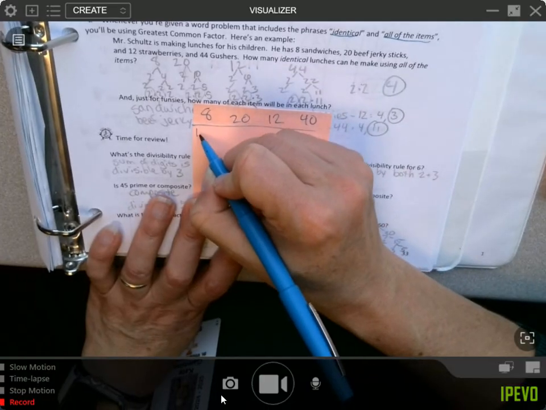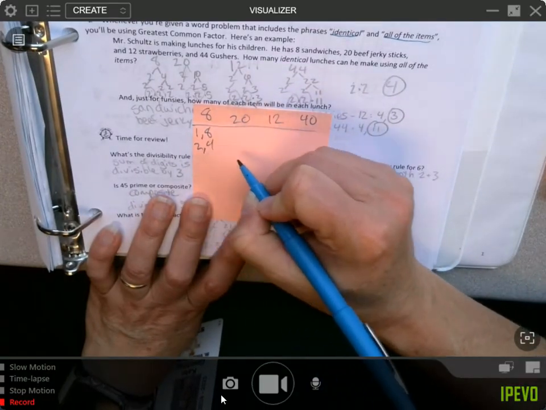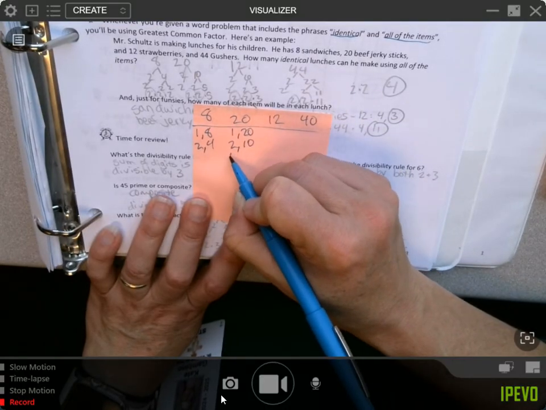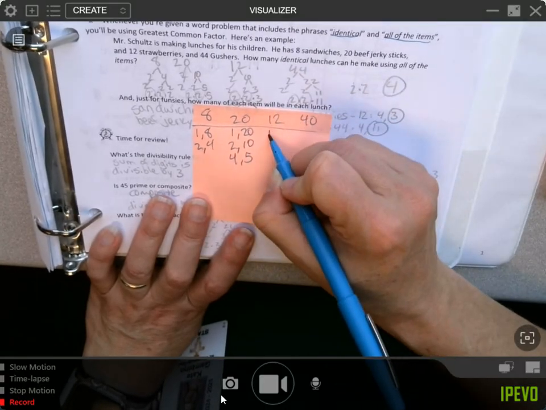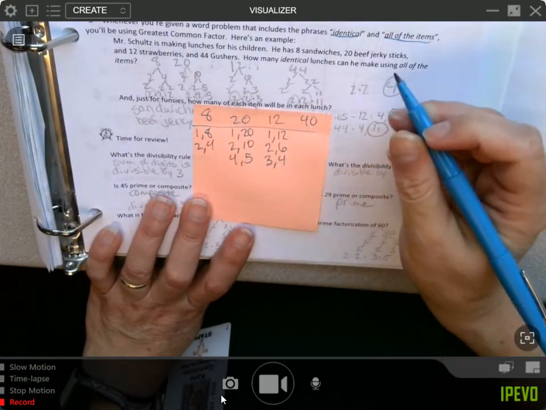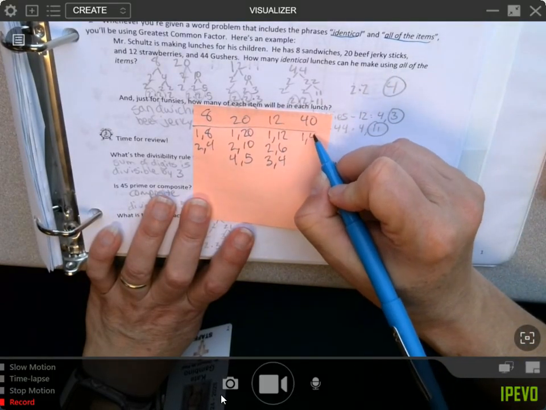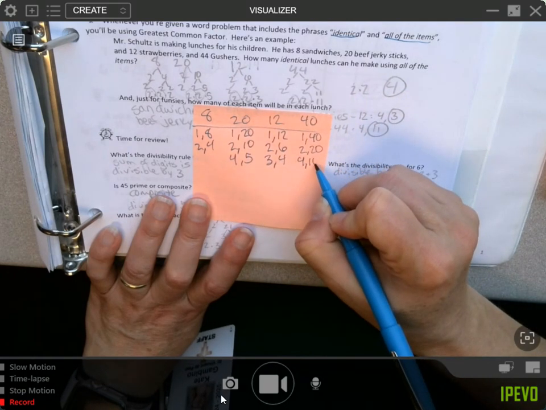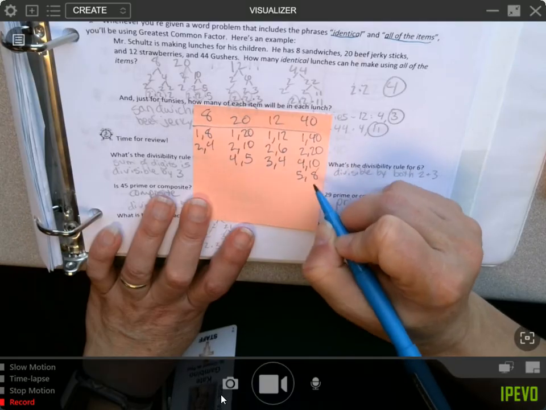So 8 would be 1 and 8, 2 and 4. 20 is 1 and 20, 2 and 10, 4 and 5. 12 is 1 and 12, 2 and 6, 3 and 4. And 44 is 1 and 44, 2 and 22, 4 and 11.